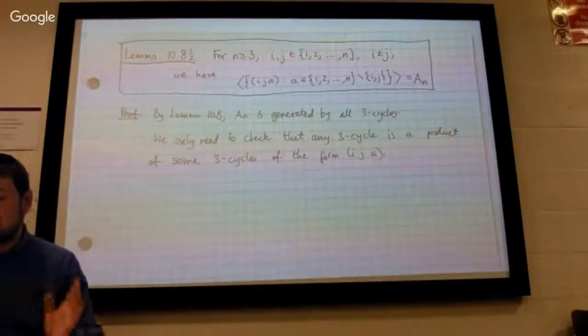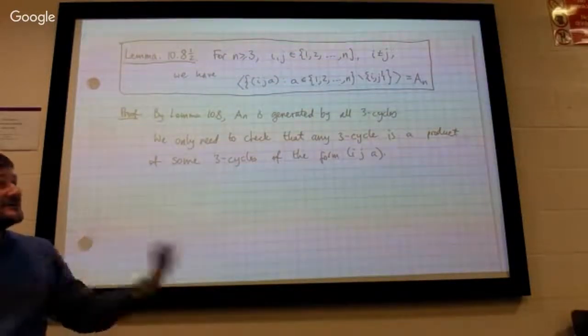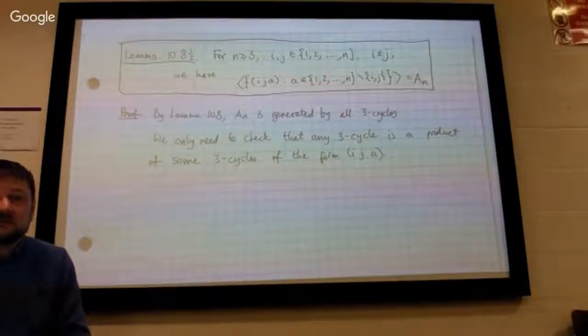Because if they are, then we can generate all three-cycles, and if we have all three-cycles, that generates the whole group. So that's the idea.